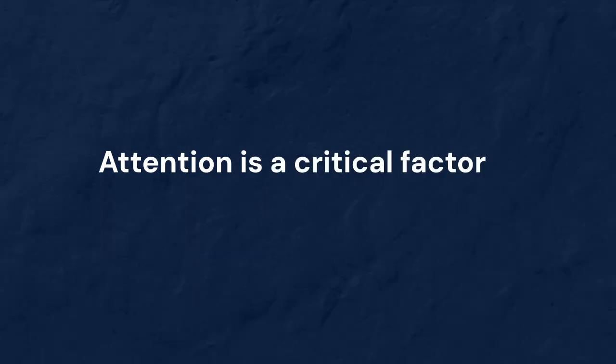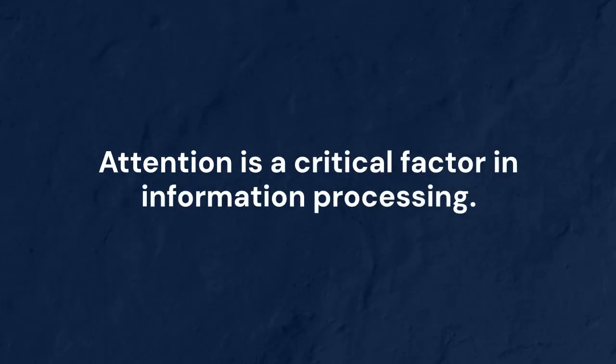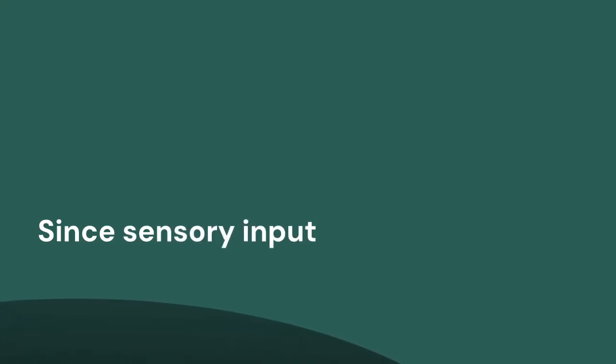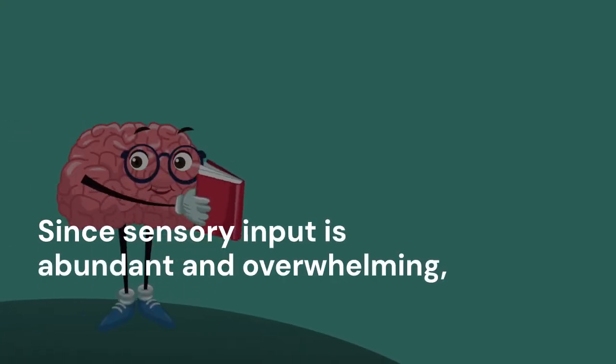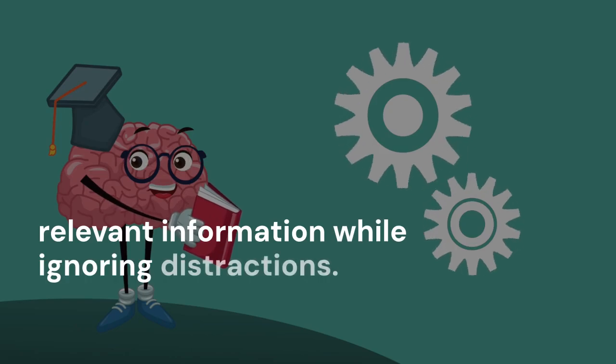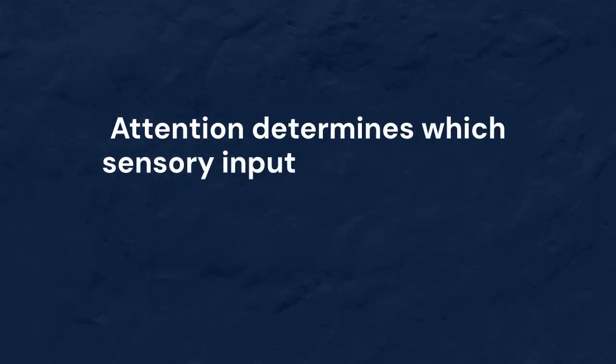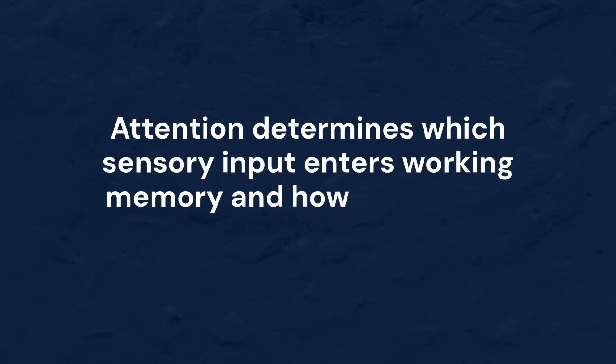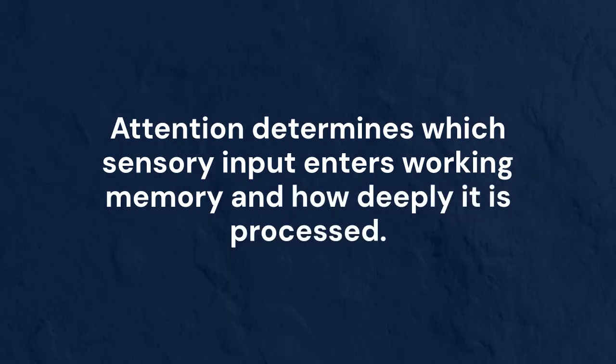Attention is a critical factor in information processing. Since sensory input is abundant and overwhelming, the brain must focus on relevant information while ignoring distractions. Attention determines which sensory input enters working memory and how deeply it is processed.